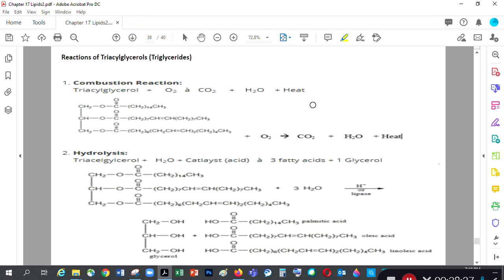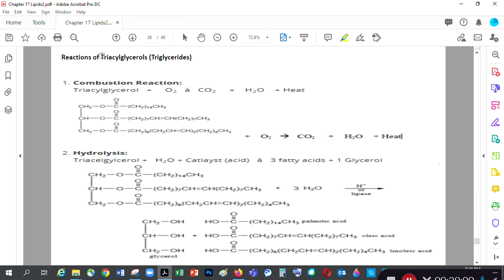Let's go further. Now we'll go for the last topic, which is the chemical reactions, or chemical properties, of the lipids. We'll take just one of the lipids, which is a very nice one here, the triacylglyceride or triacylglycerol. This one can go through many reactions.